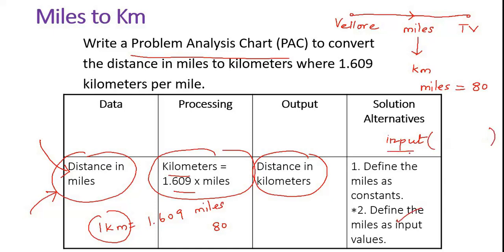If I use the input method, every time it will ask the user for the distance, whereas here it is a constant. So this is how, in the pre-programming phase, you can develop the problem analysis chart.